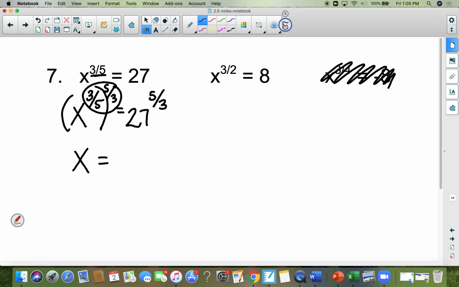But how do you do 27 to the 5/3 power without a calculator? You change 27 to 3 to the 3rd raised to the 5/3. The 3's cancel out, and 3 to the 5th is, I think, 243, not 81.